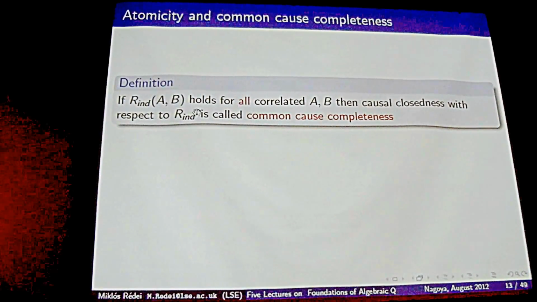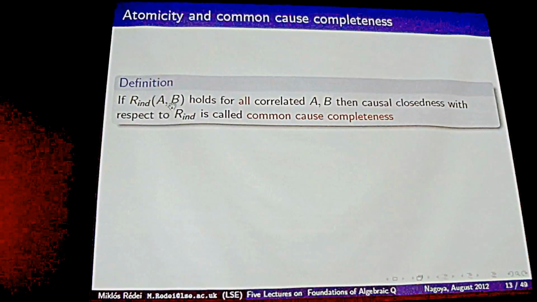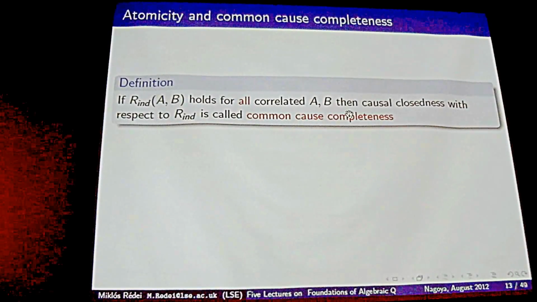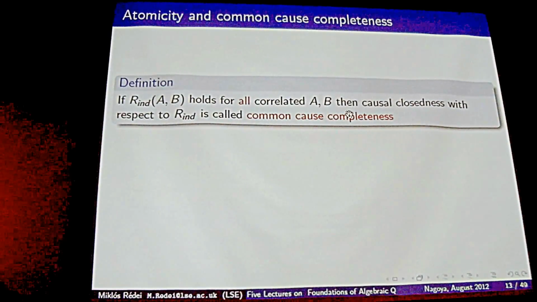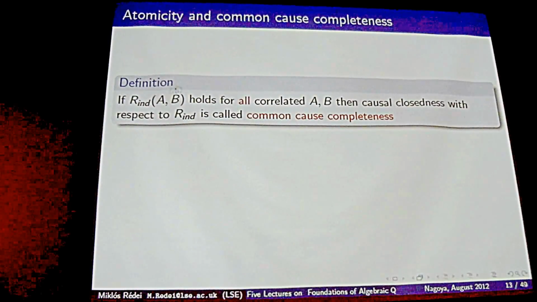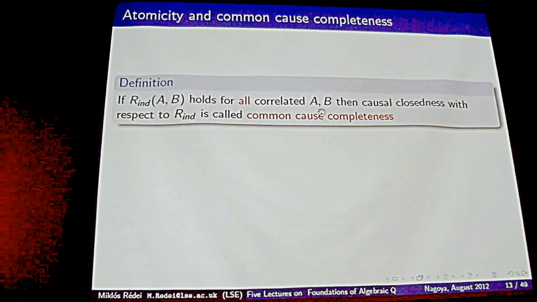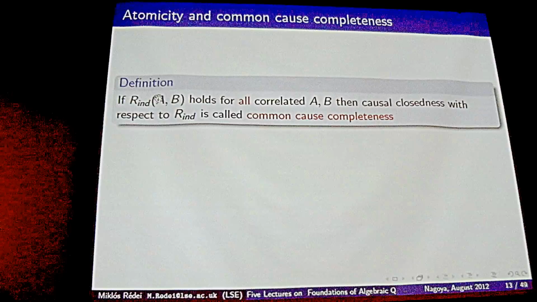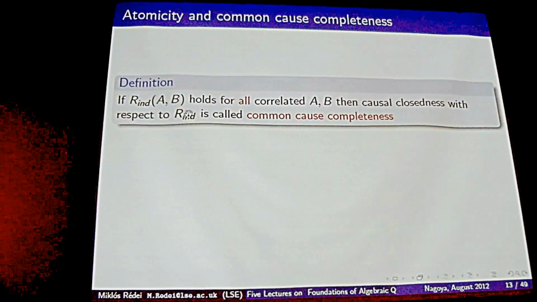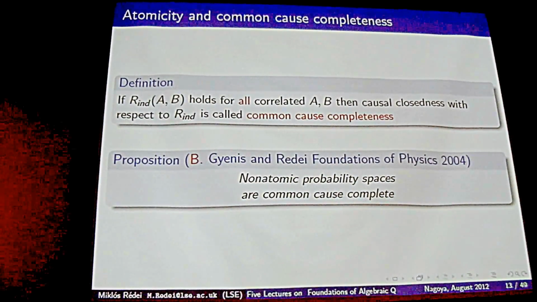To be a bit more formal, if the causal independence relation holds for all correlated events in that space, and the space is causally closed with respect to that relation, then I call it common cause complete.